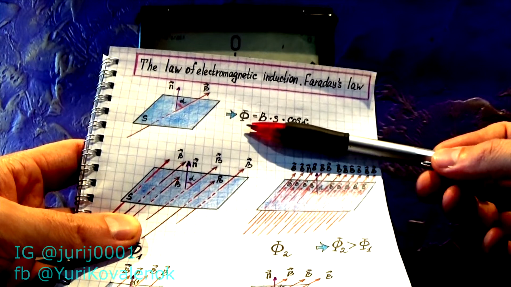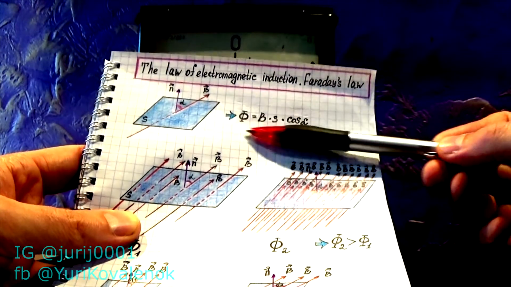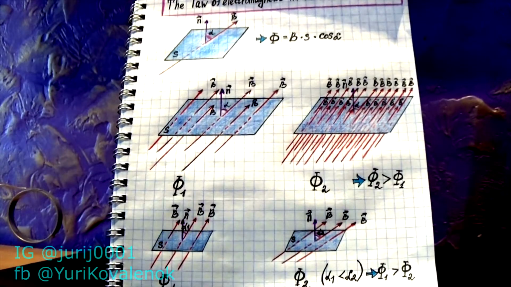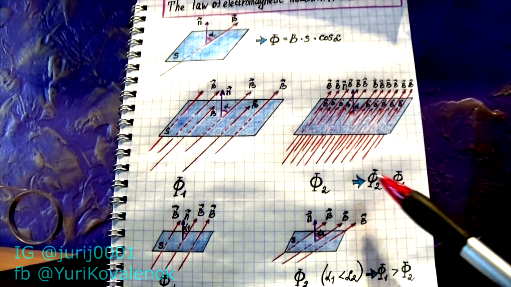The practical significance of the magnetic flux has a slightly different meaning. It's very important to understand that by magnetic flux we mean the number of magnetic field lines per unit area. That is, the more magnetic field lines there are on a given area, the greater the magnetic flux.